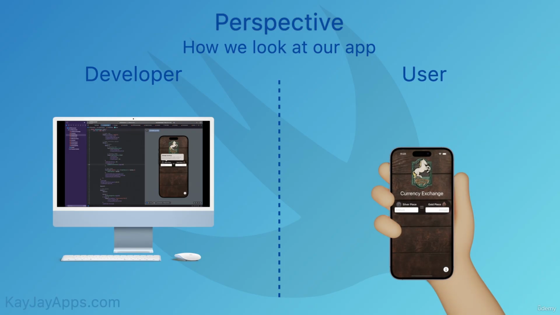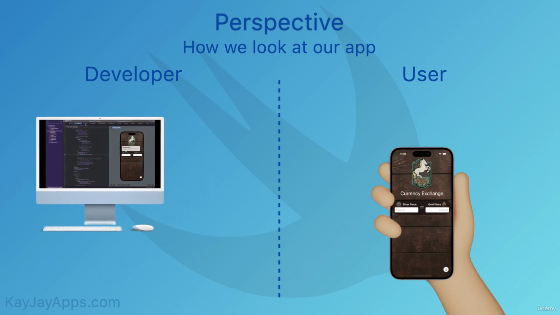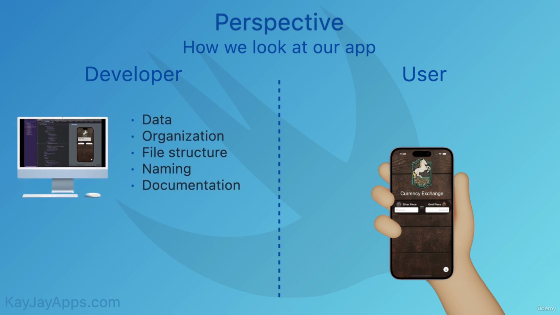And the answer is, we have to look at it from both perspectives. Not always at the same time, but we have to think about it from our perspective, the developer, as we decide where we get our data, how we organize it, how we organize our code, how we organize our project files, how we name things, how we document our work, and so on and so forth. So there's a lot of things to consider from the perspective of the developer.